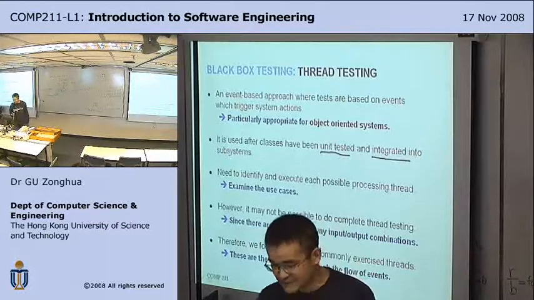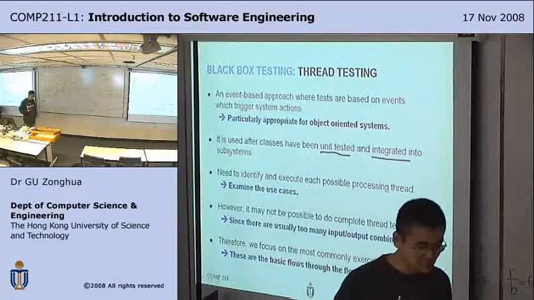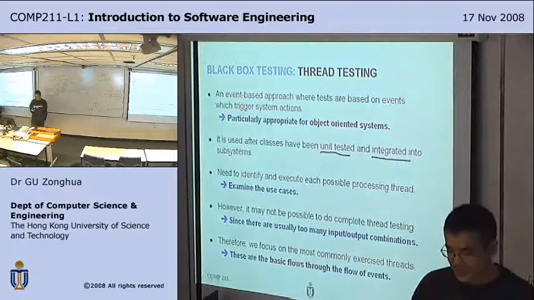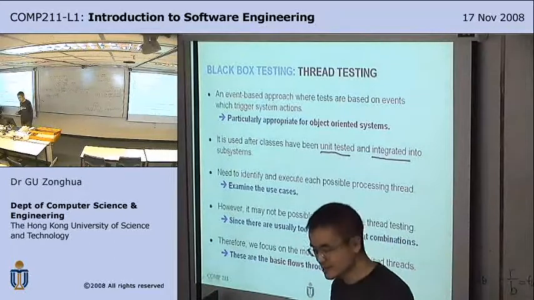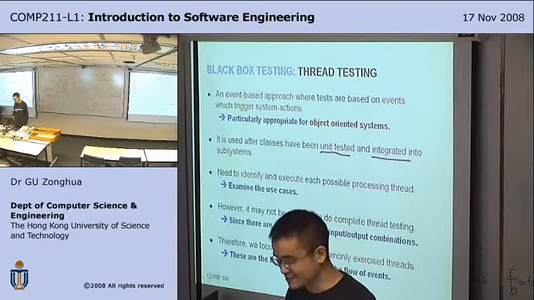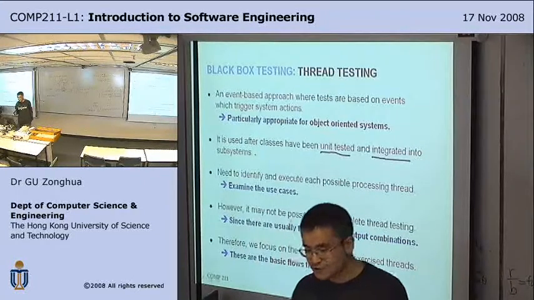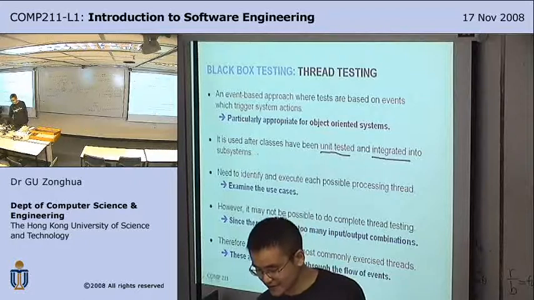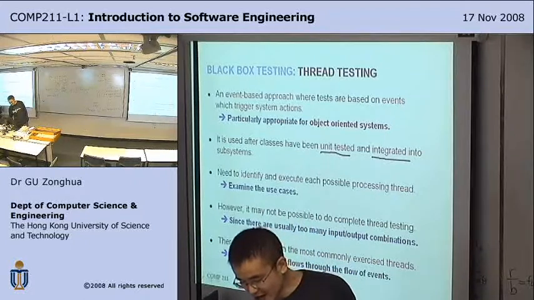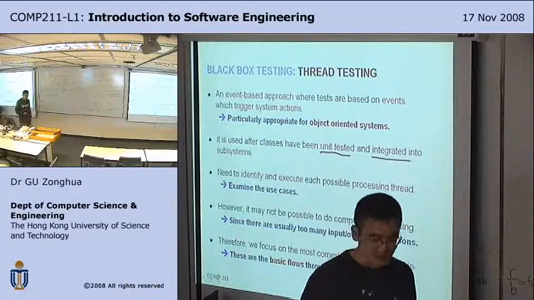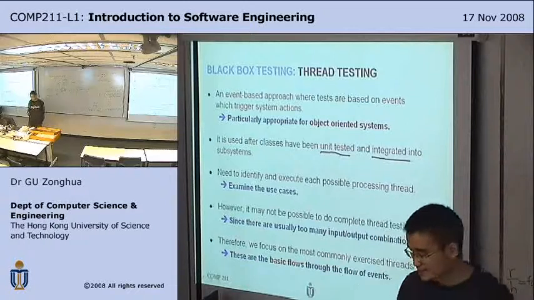That is, each individual class, after you've done the black box testing with all the input ranges, is tested to be correct. And then you're testing the integration of all the objects together. Needs to identify and execute each possible processing thread by examining the use cases.